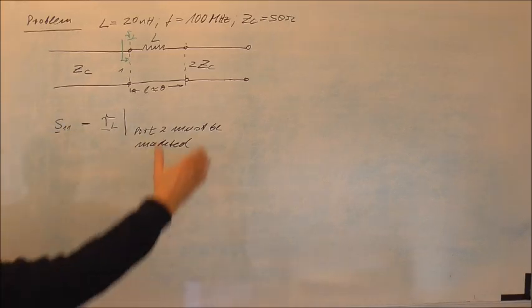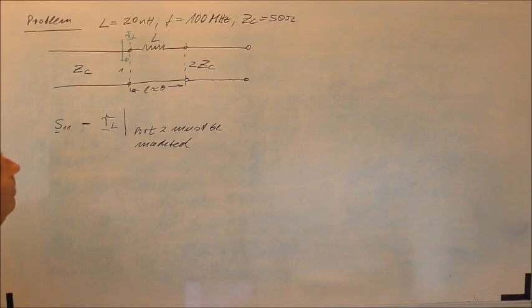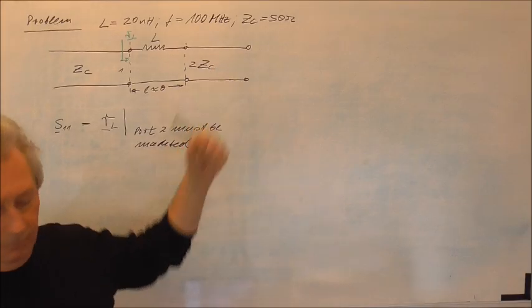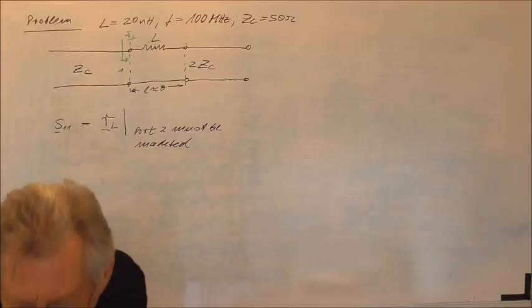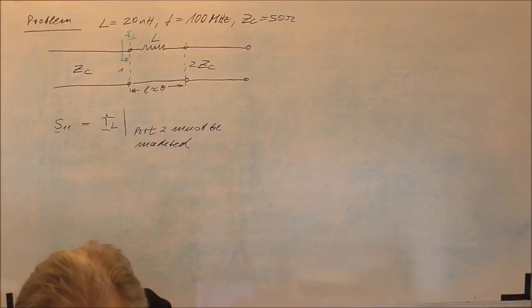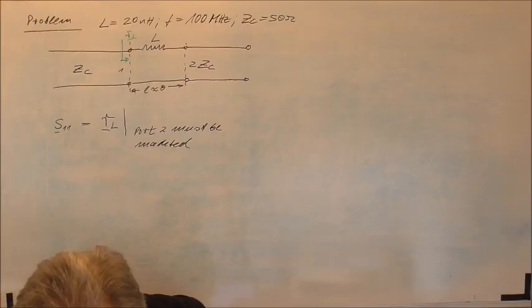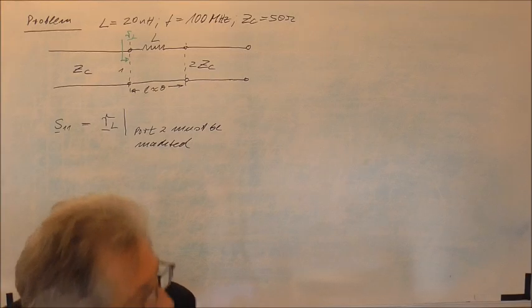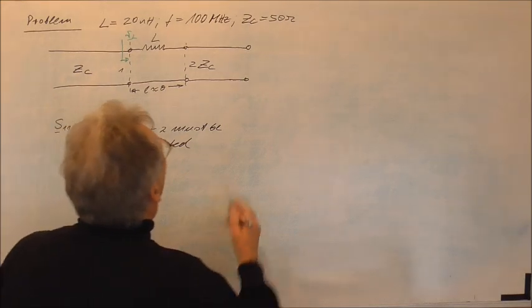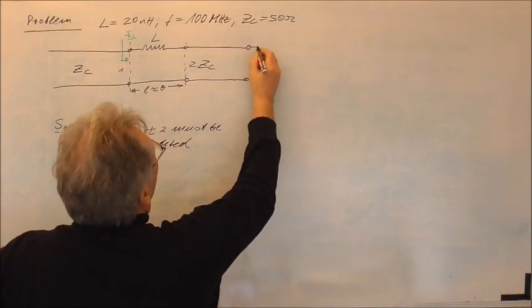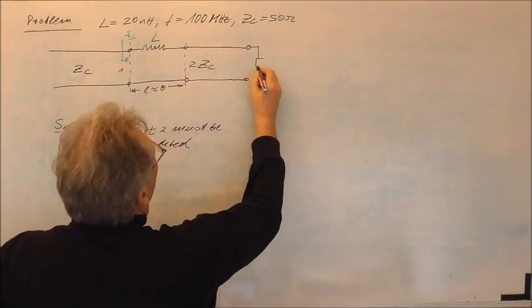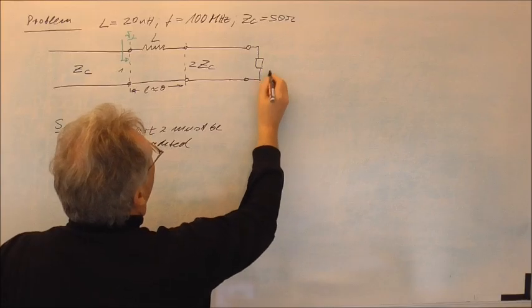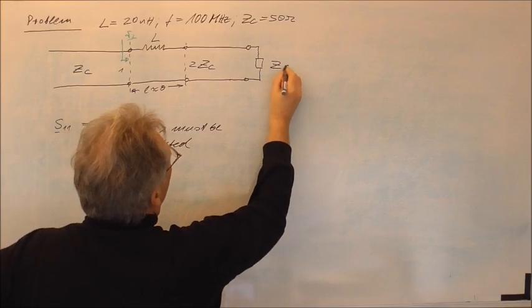If I want to match port 2 now, what do we have to do here with this transmission line? Somebody an idea? We match a load impedance with ZC. Yeah, we have to terminate this transmission line with a load impedance which is equal to ZC.